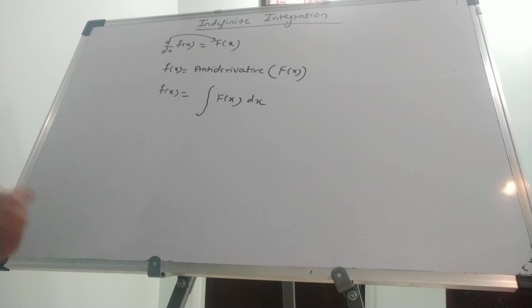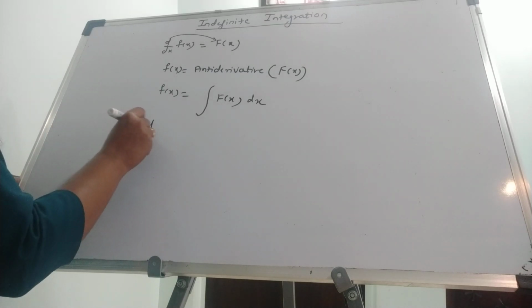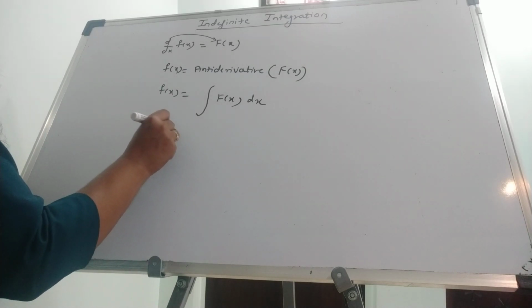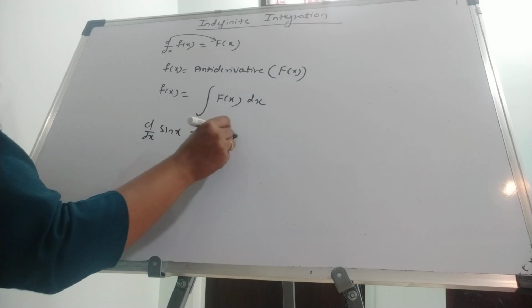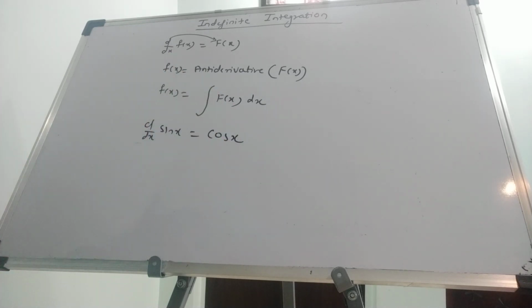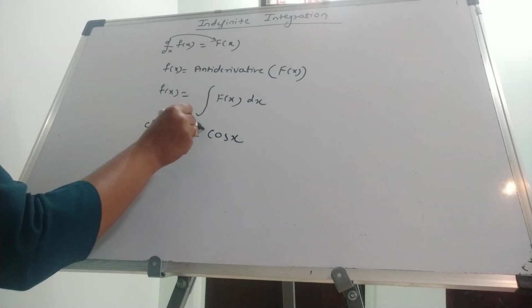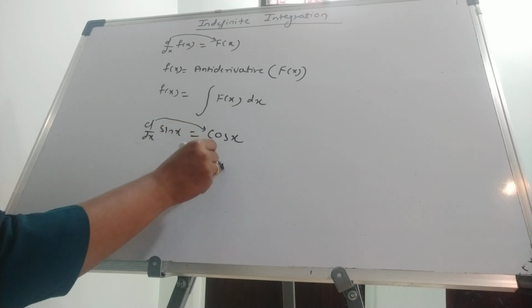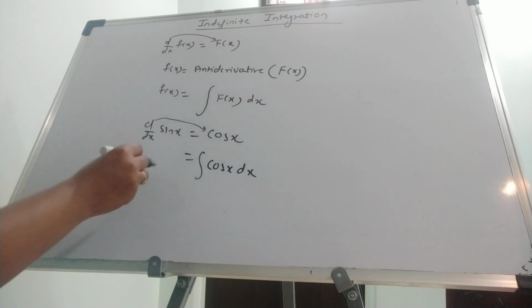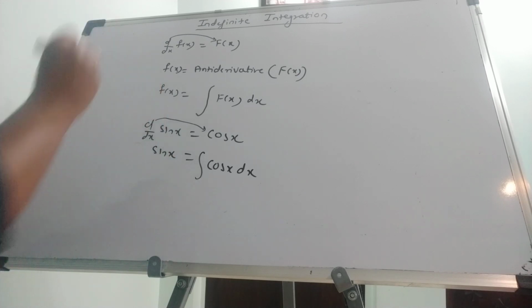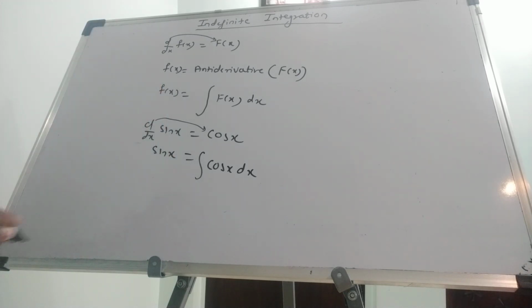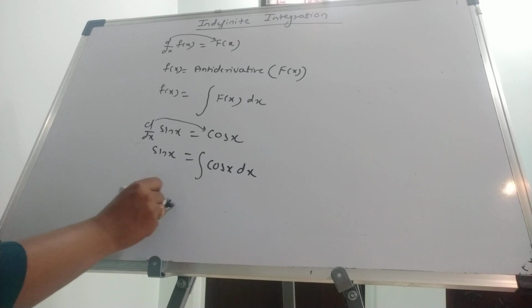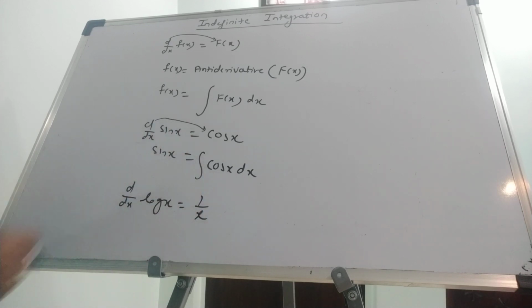For example, if you consider derivative of sin x is cos x. If we take derivative on the other side, it is integration. So integration of cos x we consider as sin x. Now consider derivative of log x. Derivative of log x is 1 upon x.